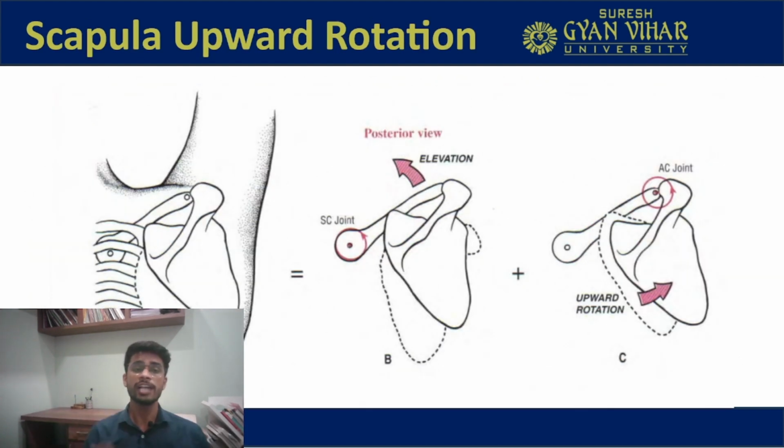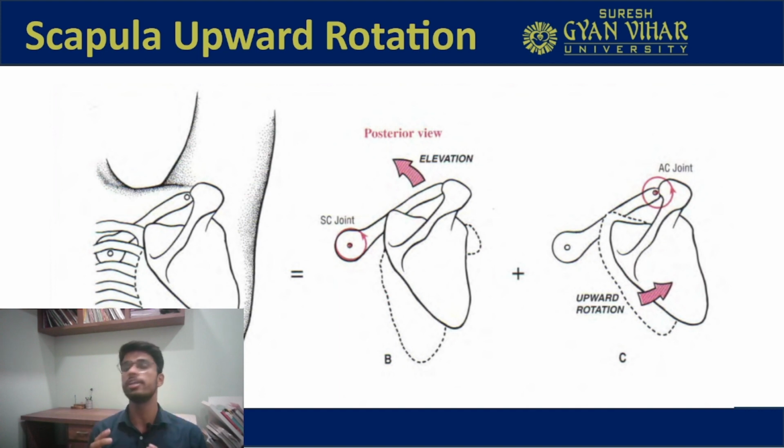And the last but not the least movement is your scapular upward rotation, and it occurs as a result of the sternoclavicular elevation plus acromioclavicular upward rotation. So this was about the scapulothoracic joint, in which the movement was occurring because of the movements at the SC and AC joint.